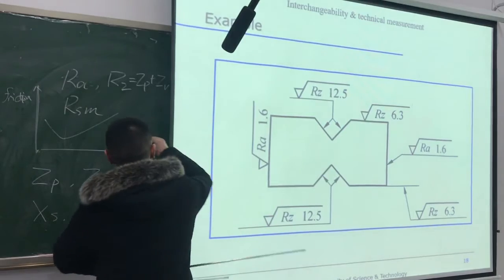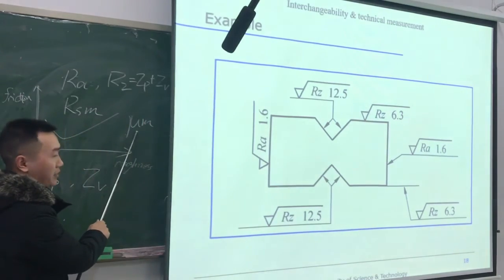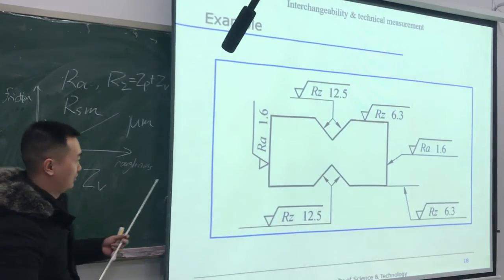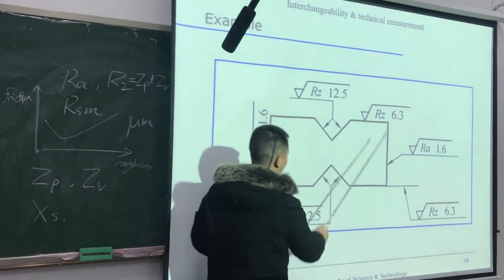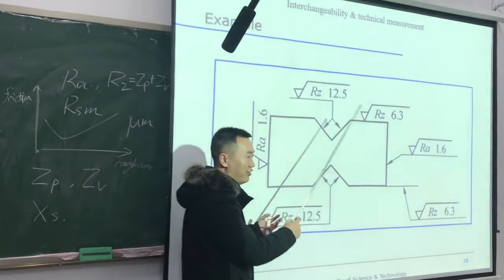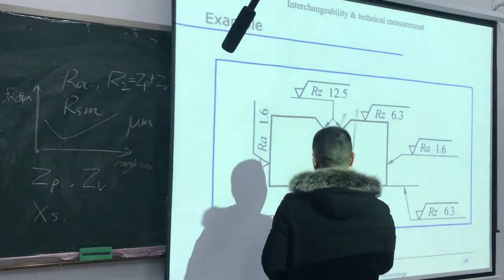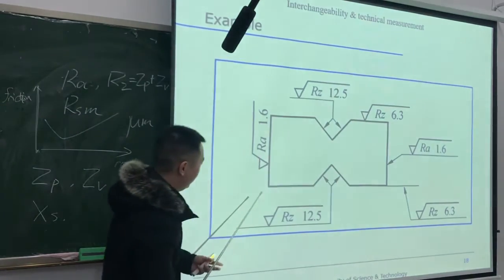This is the micrometer, right? So the value here is in micrometers, not millimeters. If it were millimeters, it would be too big. Okay, and I will take two examples here.